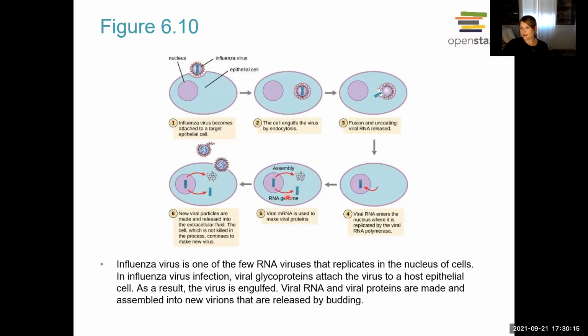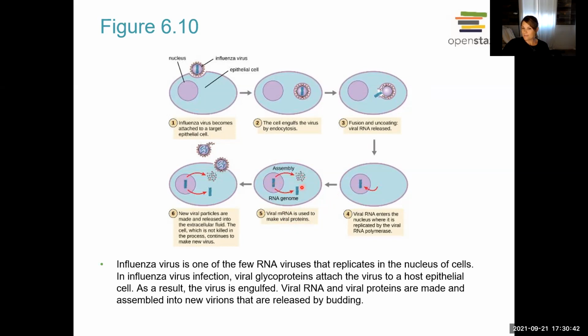So 2 things happen, right? Either it's going to make more of itself by replication, or it's going to transcribe and translate its genes to make viral proteins. That's what the genomic nucleic acid is for. It's either going to be replicated or expressed by transcription and translation. Both of those things happen, but the RNA gets into the nucleus first, which is unusual.